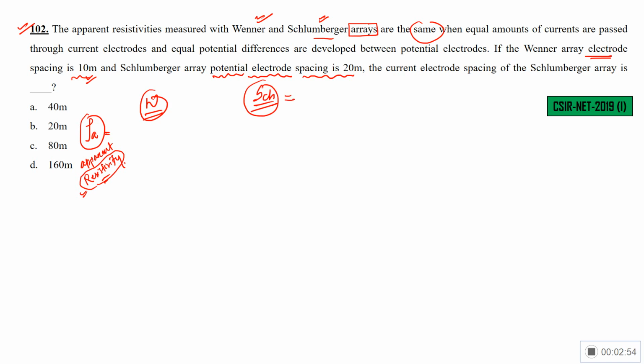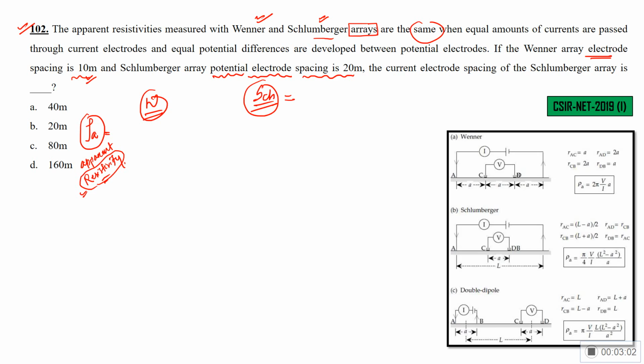So what is the formula for apparent resistivity for the Wenner configuration, and what is it for Schlumberger? You can see the Wenner, the Schlumberger array, and the dipole-dipole array.